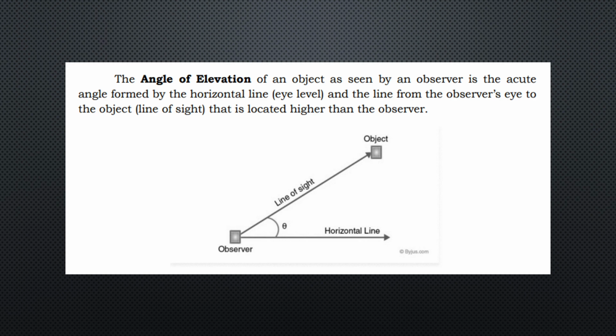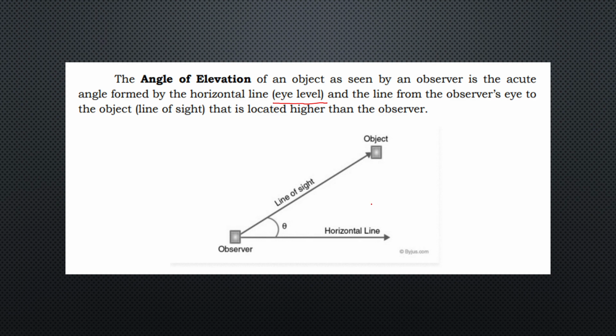First, what is an angle of elevation? It is of an object as seen by an observer, the acute angle formed by the horizontal line. If you see in the illustration here, the horizontal line, that's the level, no? Or we say it as the eye level. That is where, when you stand up and then you look straight in front, that's your eye level or horizontal line.